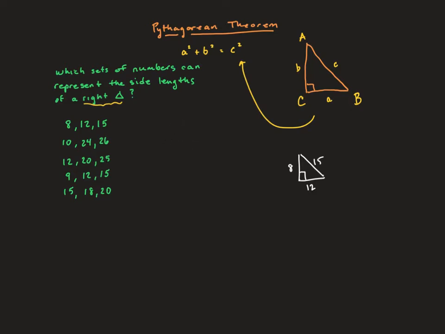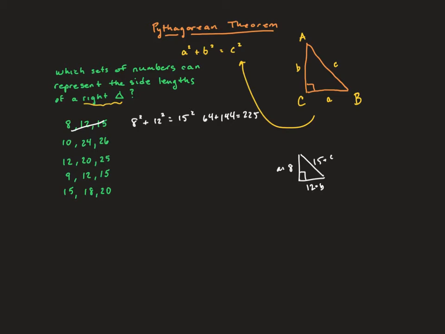This would be my A, this would be my B, my C. So that would be a squared plus b squared equals c squared. And again, that would be 64 plus 144 is going to be equal to 225. And that does not equal 225, right? This is going to be 208 equals 225. So this is not going to be a right triangle.